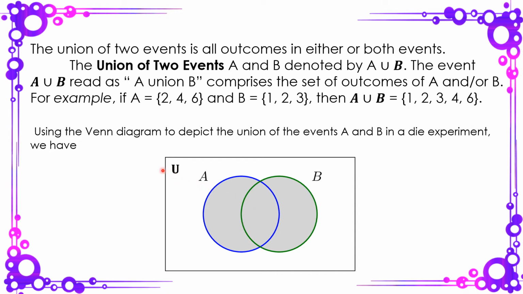It is called the Venn diagram of union. See here an overlapping. So this is the Venn diagram for a union.